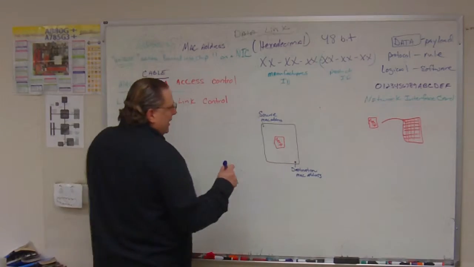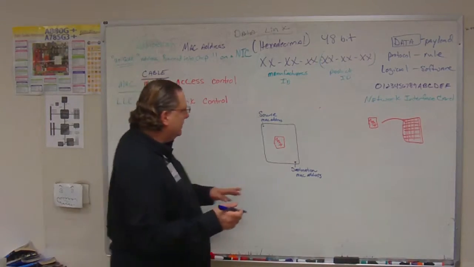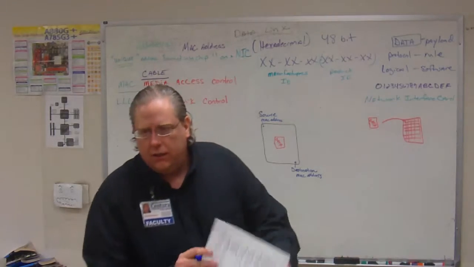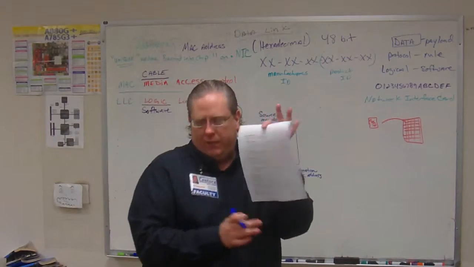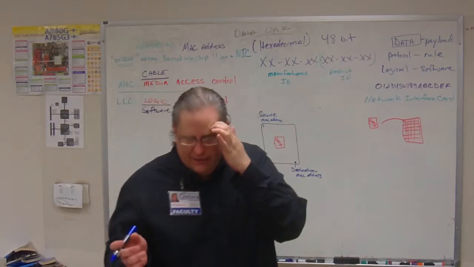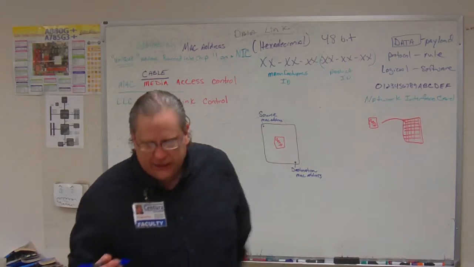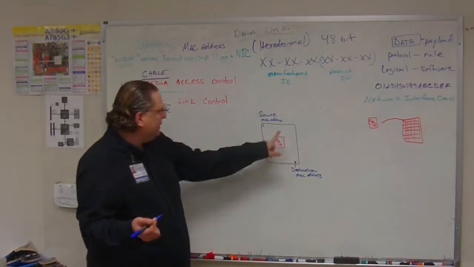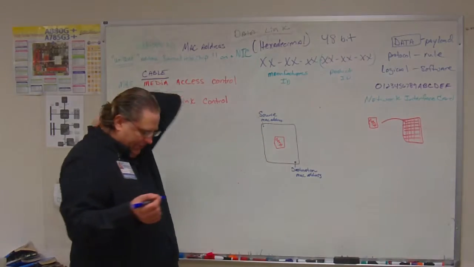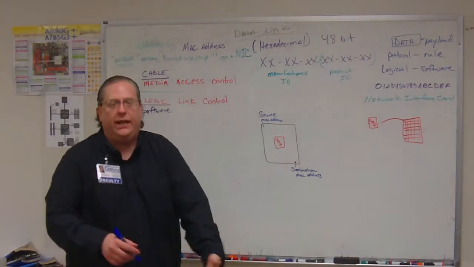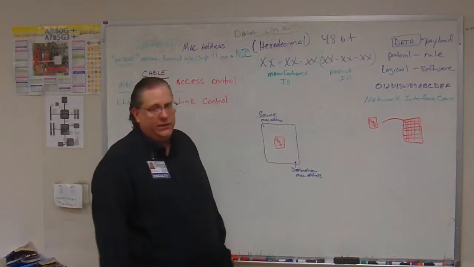And what we also have, according to our OSI model sheet that I gave you on Monday, is some error notification. So let's talk about the two types of error checking that allow you to get notified that there's an error.